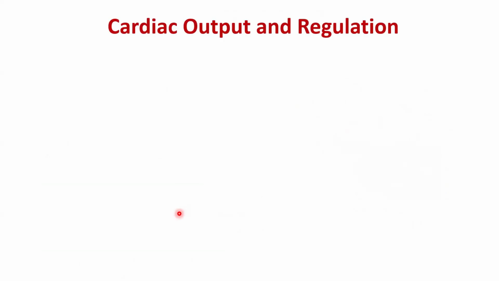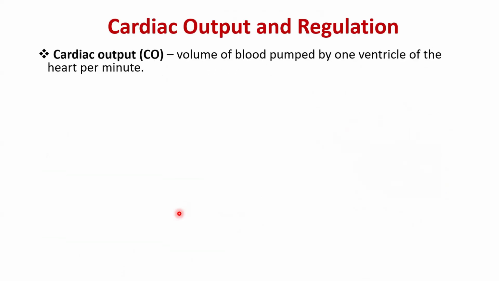Yes, so cardiac output. When we talk about cardiac output and regulation of this cardiac output, I will be expecting you to tell me that cardiac is the heart. Output is something that is being taken out. What is being taken out is blood.